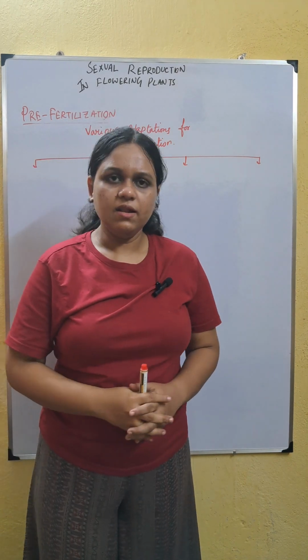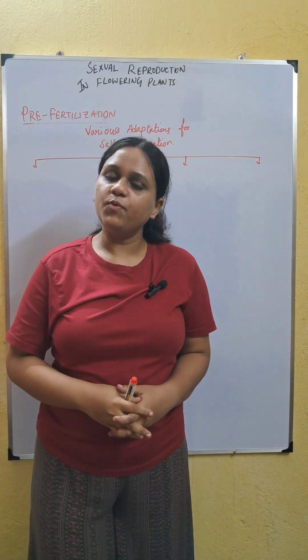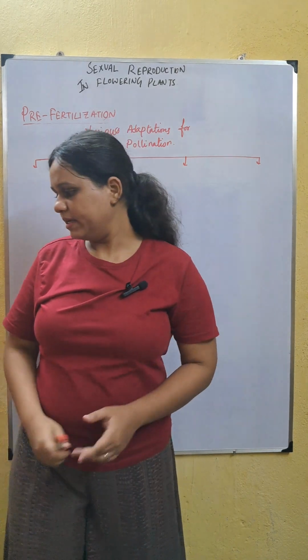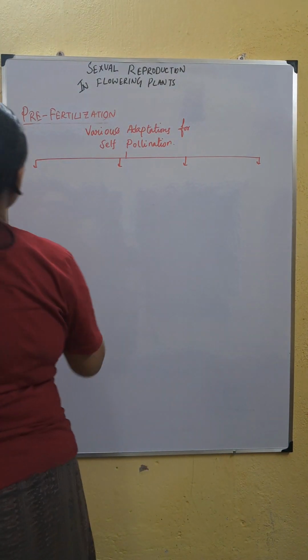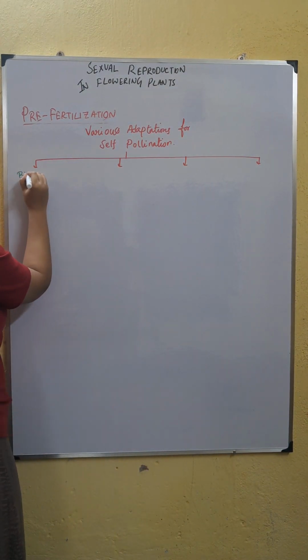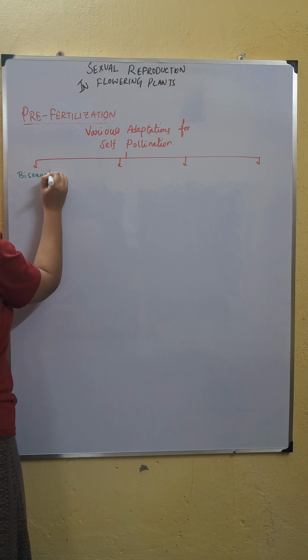The four main adaptations of self-pollination are: first is bisexuality.